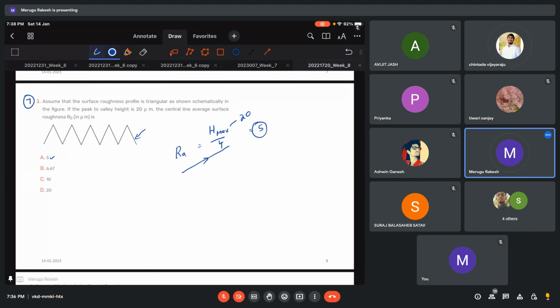Sir, how is this formula derived? How is H max derived? This is something to do with machining, metal cutting. From there, you can directly get it. I will just give an idea.